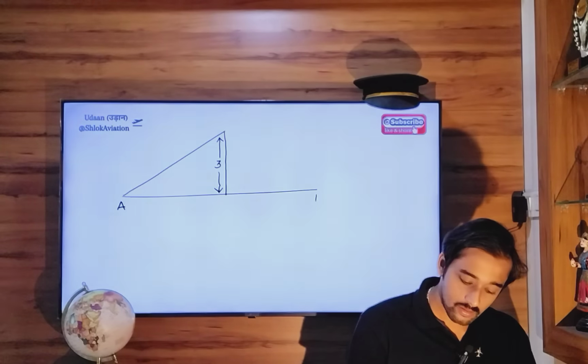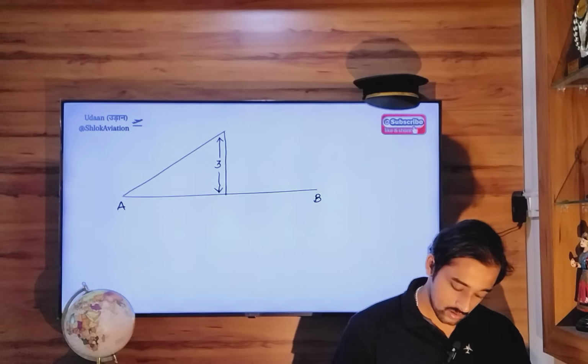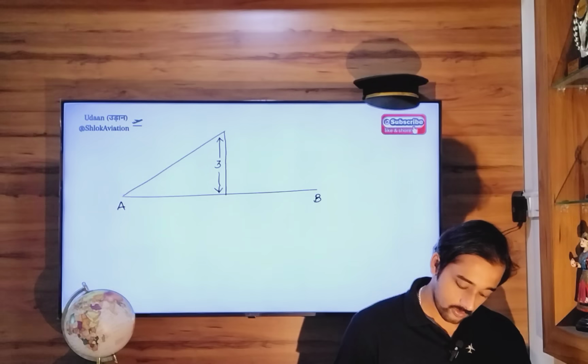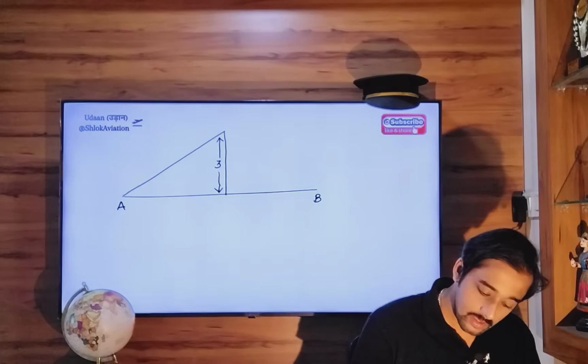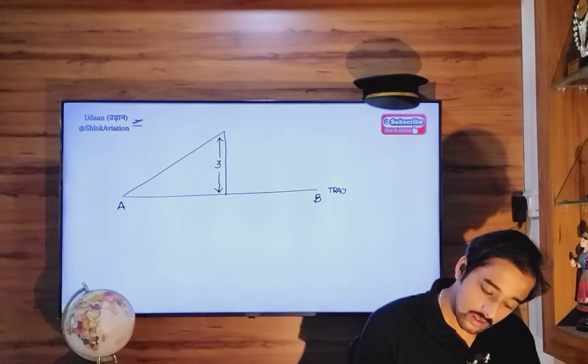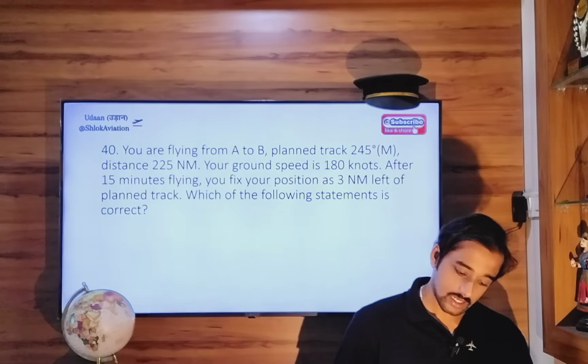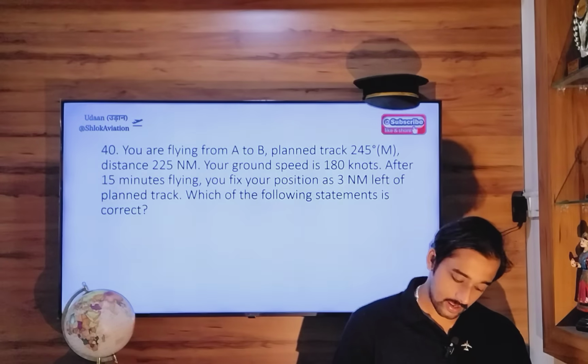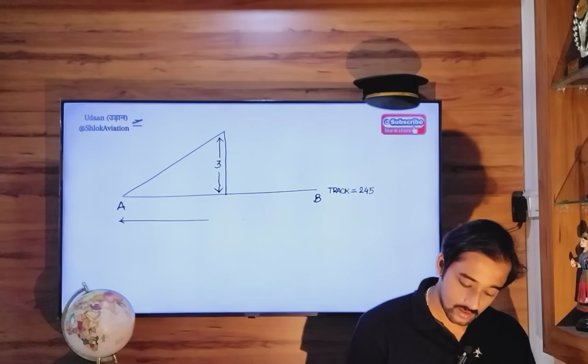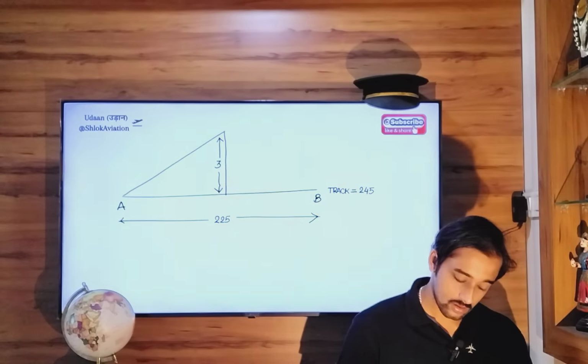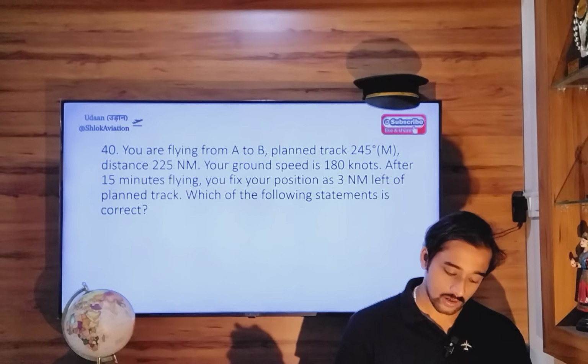Track is 245. Distance is 225. Speed is 180 knots.